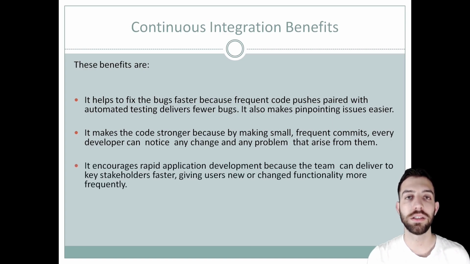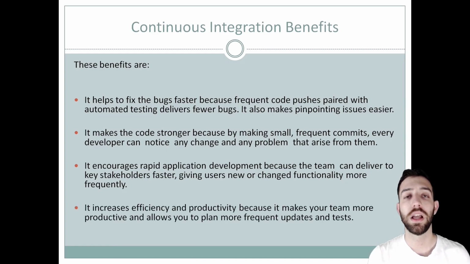Thirdly, it encourages rapid application development because the team can deliver to the key stakeholders faster and give the users new or changed functionality more frequently. And last but not least, it increases the efficiency and productivity of the team, and also gives you the ability to plan updates and tests more frequently.